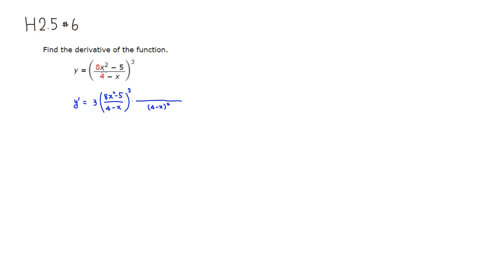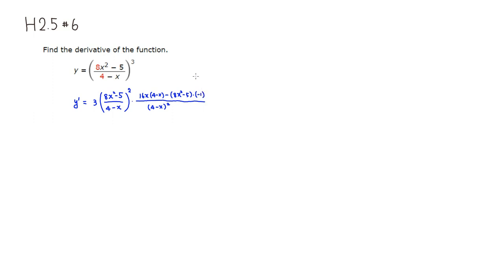The derivative of the top is going to be, put 2 in front, 8 times 2 is 16x, and the derivative of negative 5 is 0, times the bottom guy, so it's 4 minus x, minus the top guy, which is 8x squared minus 5, multiplied by the derivative of the bottom, which is negative 1, because the derivative of 4 is 0, and the derivative of negative x is negative 1. So we have that.